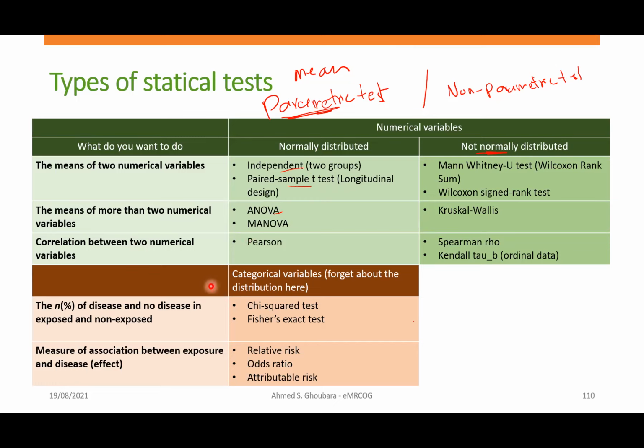If your data are normally distributed, you use the Pearson correlation coefficient. If your data are not normally distributed, you use the Spearman rho test, or the Kendall tau for the ordinal data. Okay? So clear up to now, guys?